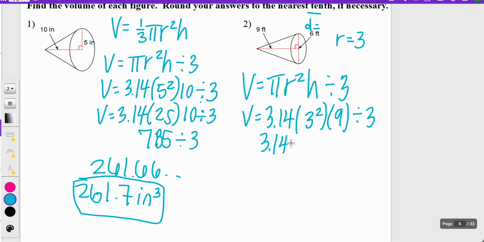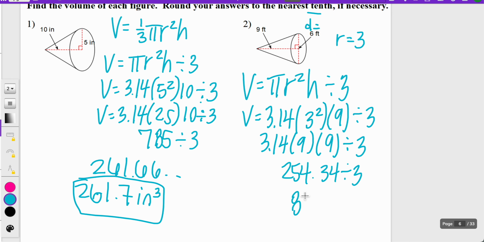Keeping in mind that 3 squared is equal to 9, so now I have 3.14 times 9 times 9 divided by 3. 3.14 times 9 times 9 is 254.34, and then dividing that by 3 is 84.78, but to the nearest tenth, we'll just round that to 84.8 cubic feet.